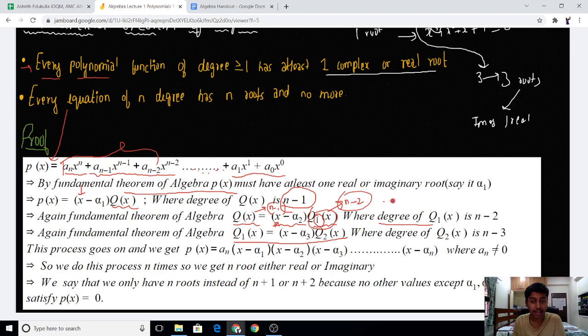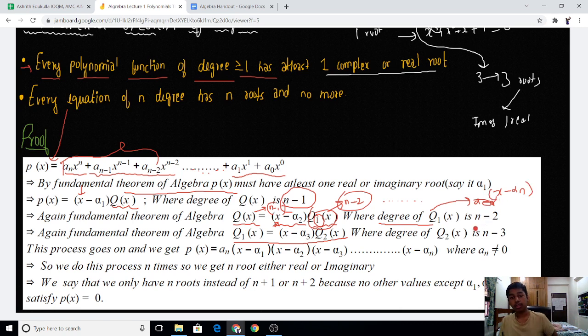So I'm writing until, so we have got that. In this one, as you can see, we are going to have one root at least for a polynomial of degree greater than or equal to 1. So at last we will end up at x minus alpha n.